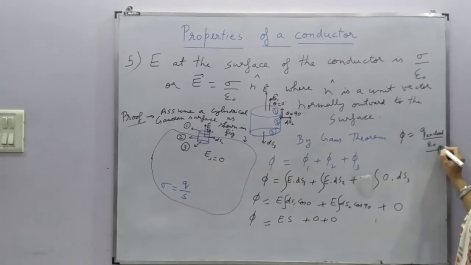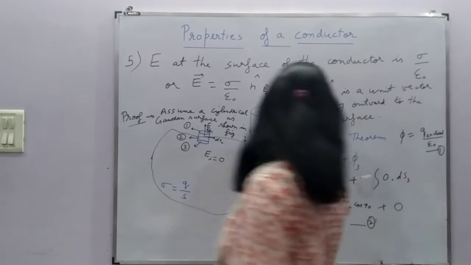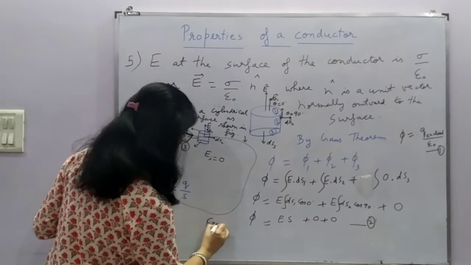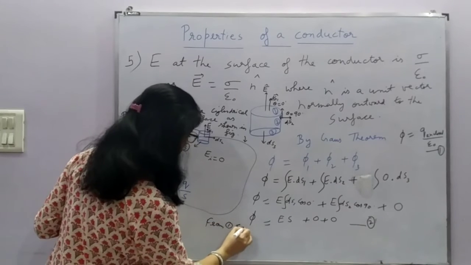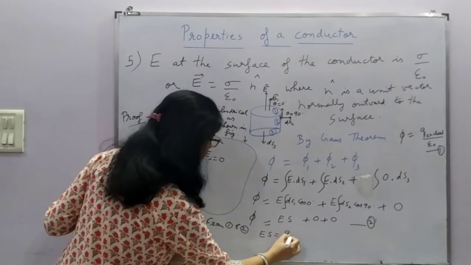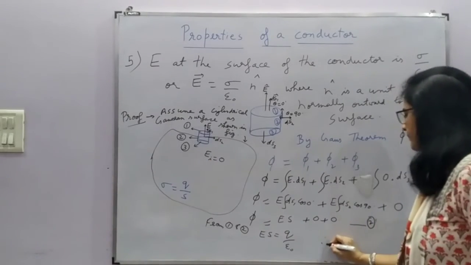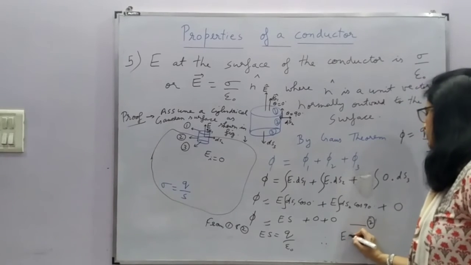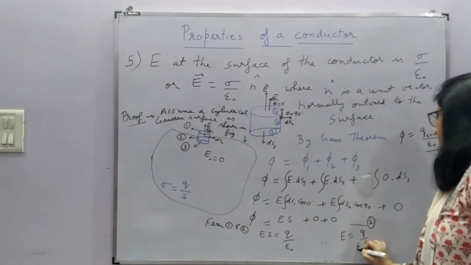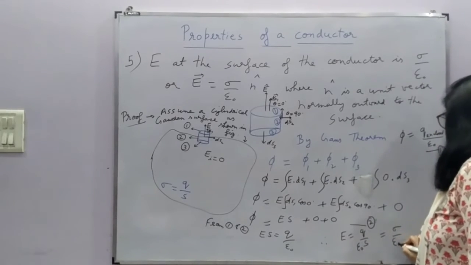So this is our equation 1 and this is our equation 2. From equations 1 and 2 we get ES equal to Q upon epsilon naught. So E is equal to Q upon S epsilon naught, which gives us sigma upon epsilon naught.